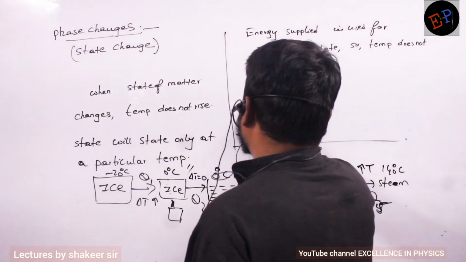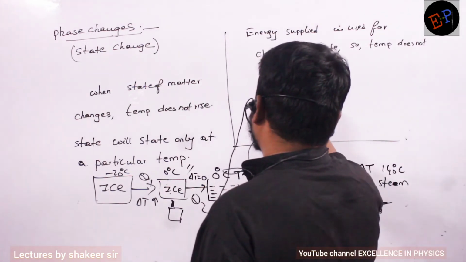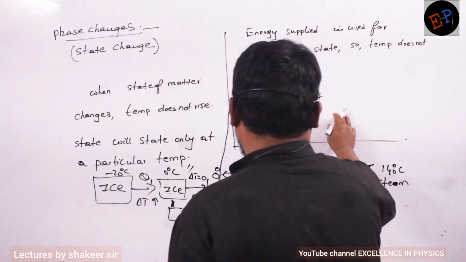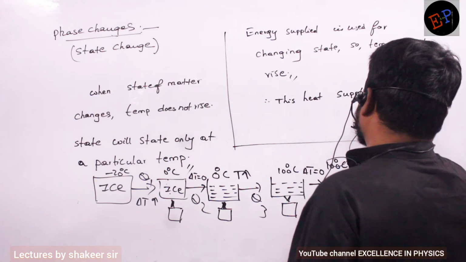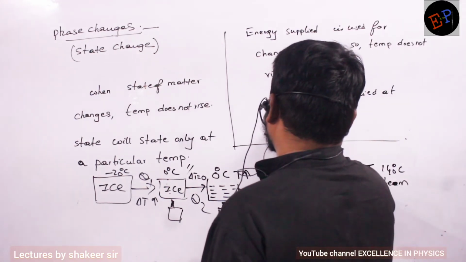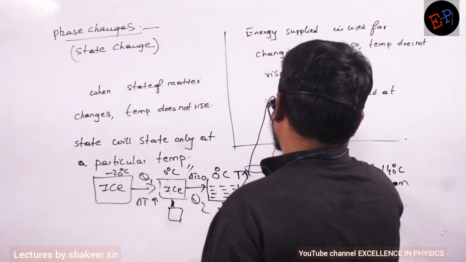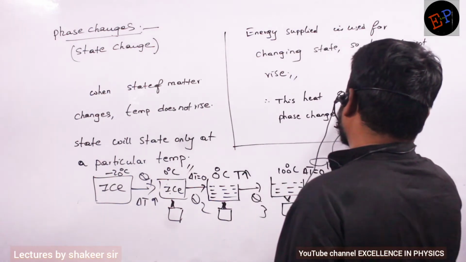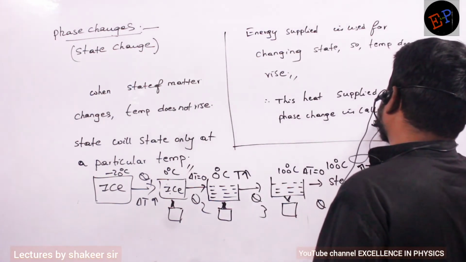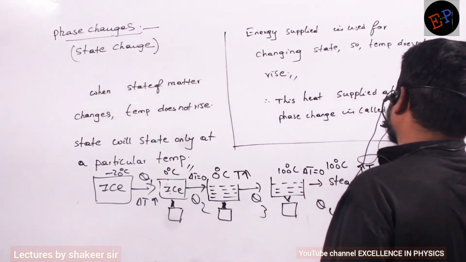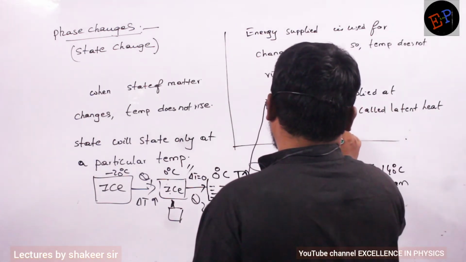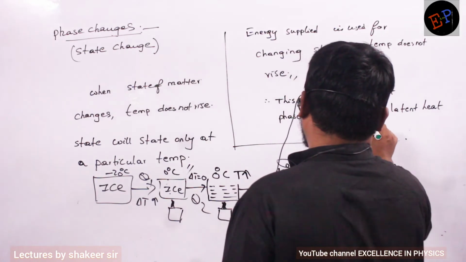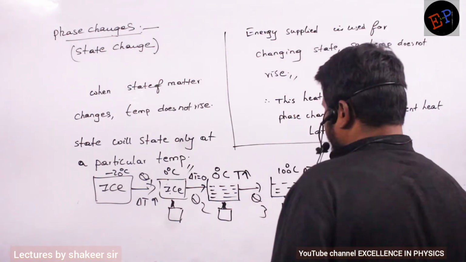So therefore this heat supplied at phase change is called what? It is called latent heat. Okay? Latent means what? Latent means hidden heat.